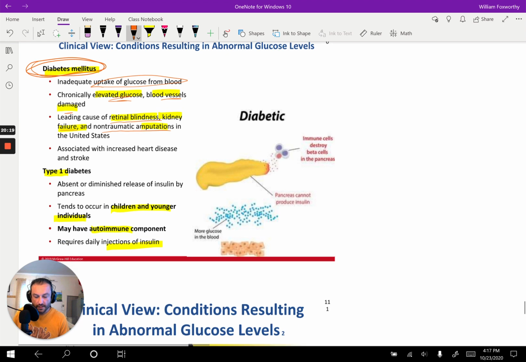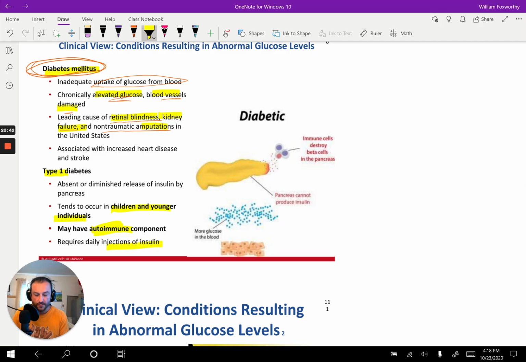Type 1 diabetes has an autoimmune component where you destroy your own beta cells in the pancreas, so they are no longer able to produce insulin or no longer able to produce a sufficient quantity of insulin.